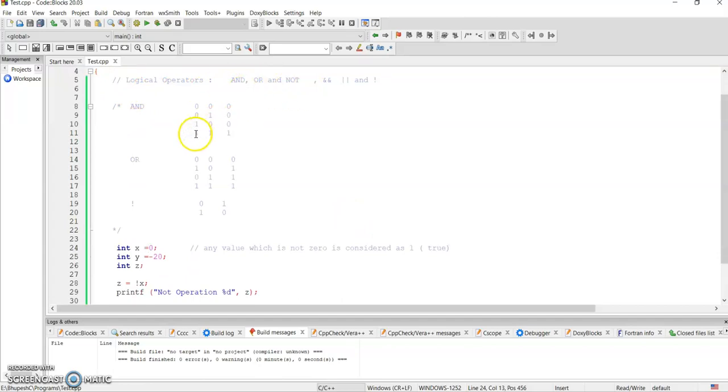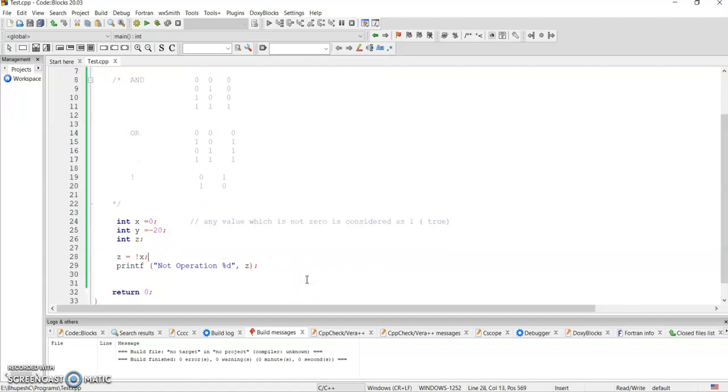So we are now fundamentally very clear on the logical operators AND, OR and NOT. For AND, when both are true or both are 1, we get 1. For OR, if any one is 1, we get 1. For NOT, if it is 0 it becomes 1, and if it is 1 it becomes 0. Then we found that any value which is not 0 is considered as 1, or true, both positive and negative.